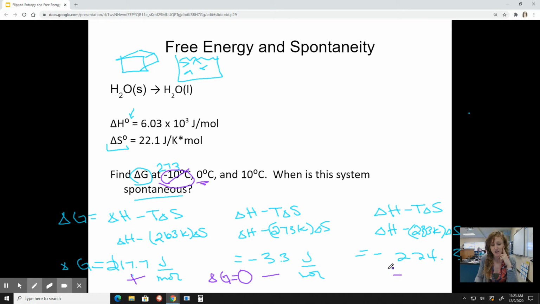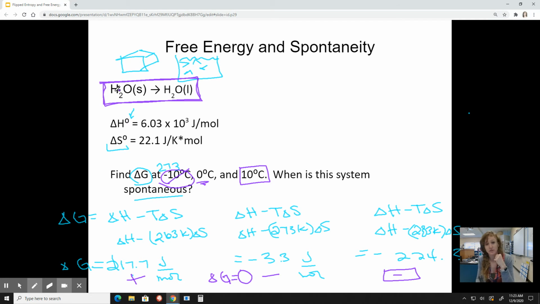And then in the third scenario, it comes out as negative also, which means that at 10 degrees Celsius, this system is spontaneous. And that makes sense, right? We should go back and see if that's a logical answer, if that kind of jives with what we see and what we can observe. So ice melting into water, when does this occur spontaneously?